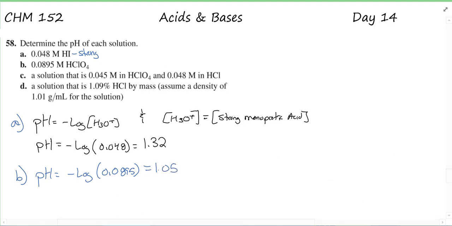What's going on with C here? C says we are going to have 0.045 molar in one strong acid and 0.048 molar in a second strong acid.